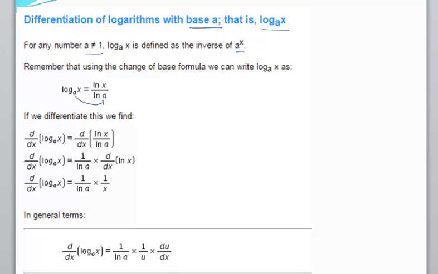So differentiating all of this, we can split them up and we end up with our rule at the bottom here. Our differential of log a of u is 1 over the natural logarithm of a multiplied by 1 over u times du on dx.